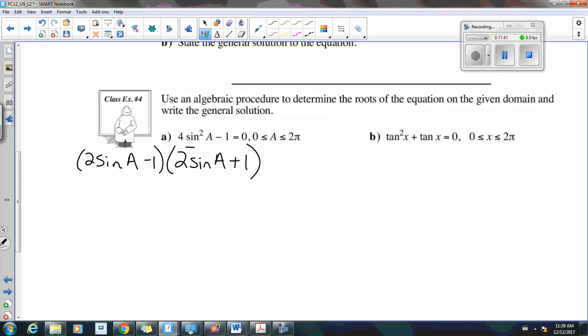So now I need to solve for each factor. What value of a makes each factor equal 0? So I'm solving sine of a to be 1/2. I just did that in the previous question, and I found it was pi over 6 and 5 pi over 6.